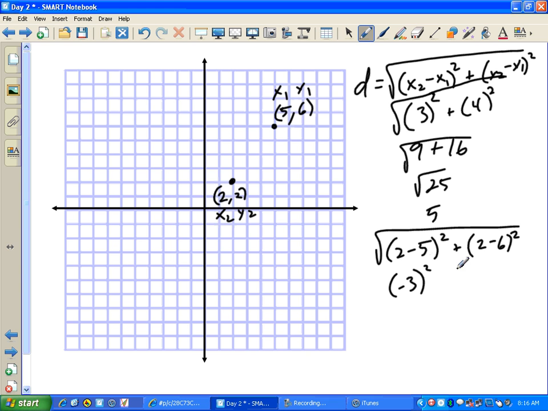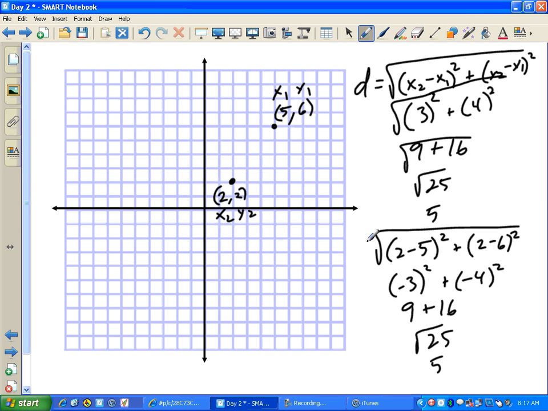Okay, but that's still inside the parentheses. And when I subtract 2 minus 6, I get negative 4, which is still in the parentheses. Now, when you square a negative, you're going to get a positive out, because this whole thing is being squared. It's negative 3 times negative 3, which is a positive 9, positive 16, and I still get the square root of 25, which is still 5. So that squaring takes care of any negatives that we have, because that's going to make sure that we're always getting positive numbers out.